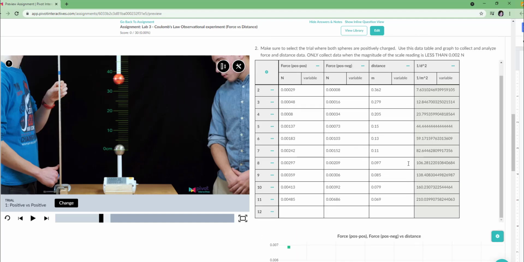To figure out whether it is truly an inverse square function, what you want to do is to linearize it. So instead of graphing force versus distance, we're going to graph force versus 1 over d squared.